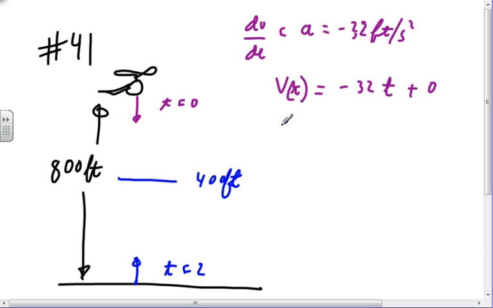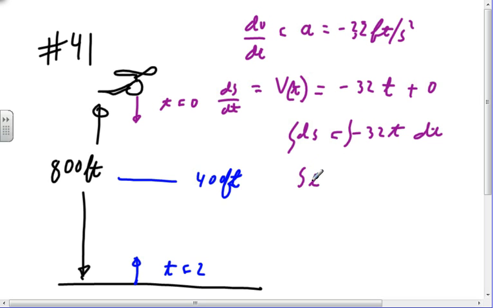Velocity is change in position over change in time, so dy = minus 32t dt. I integrate both sides, and my position at time t is minus 16t squared plus 800. Now we know that.